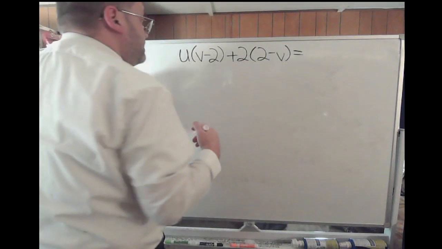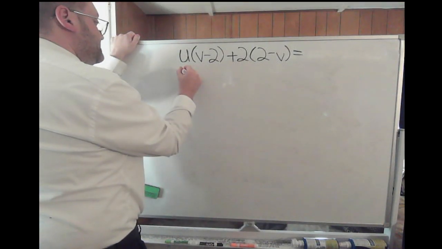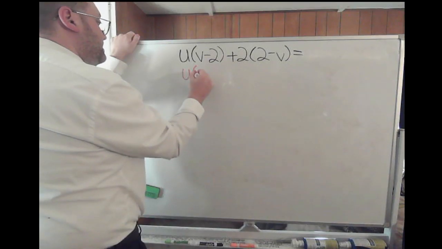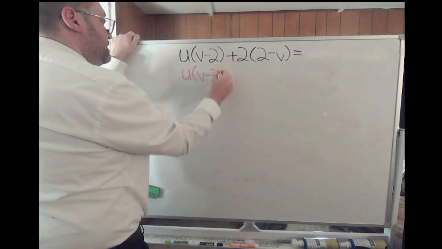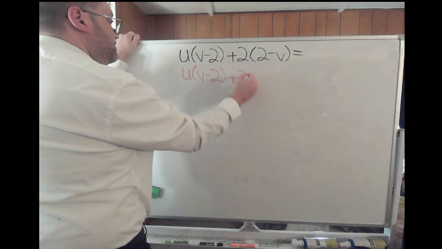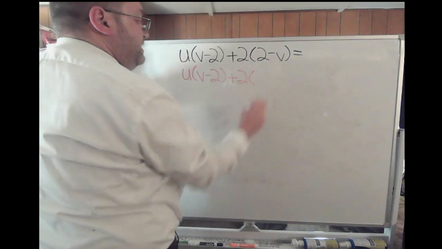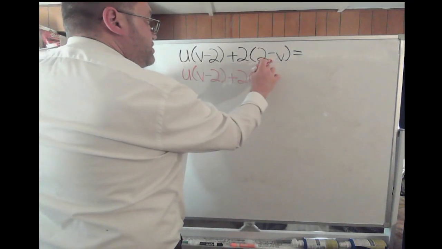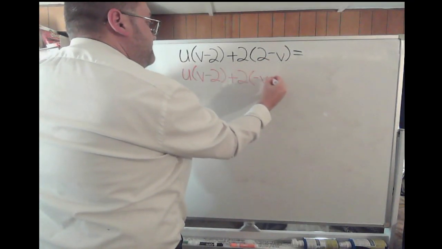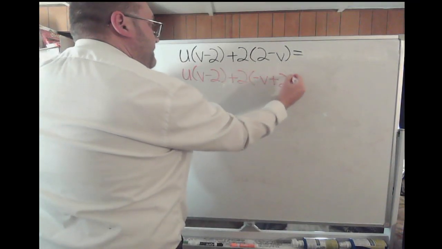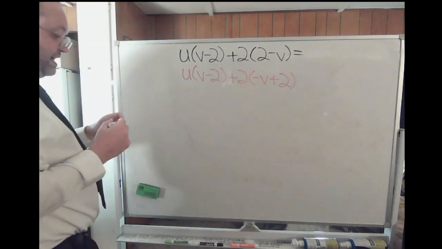So what you're going to do here is take your u times the quantity of v minus 2 plus 2, rewrite this 2 minus v by the commutative property of addition. 2 minus v is the same as negative v plus 2. You're going to rewrite it like that.